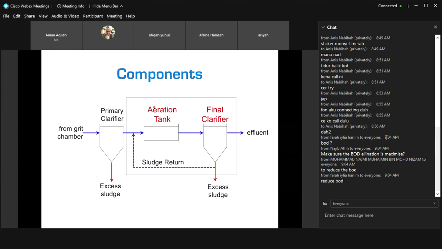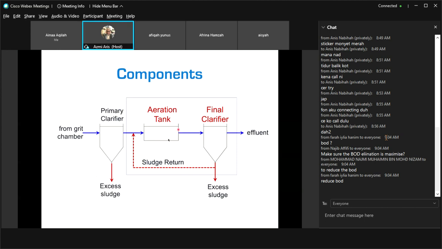Okay, this is activated sludge. As we can see here, for the activated sludge, we have hydraulic retention time for this aeration tank, right?